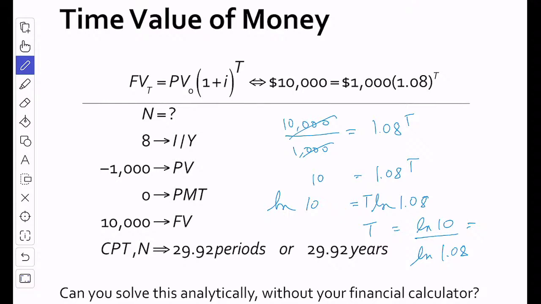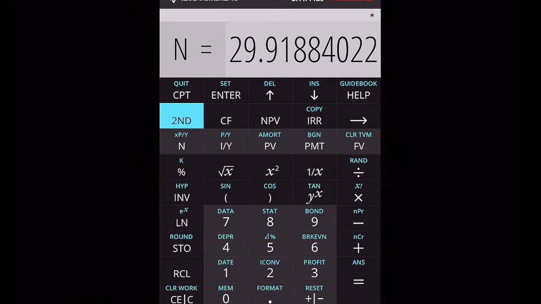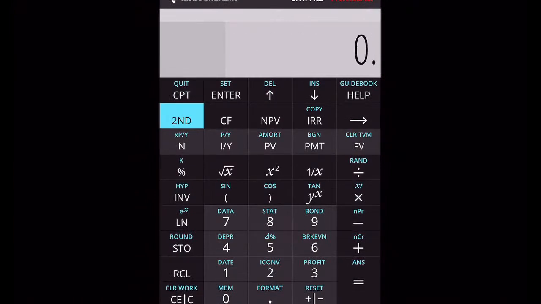So on this calculator, you have to put the number first.